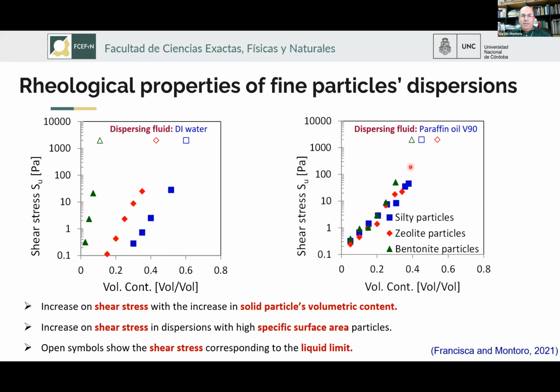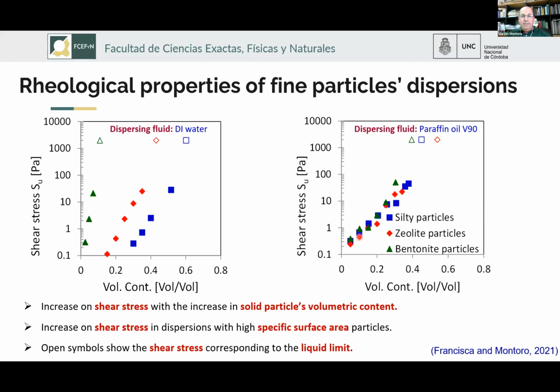But when we perform the same test using NAPLs as suspending fluids, we found figures similar to the one shown here on the right. This figure shows the results obtained using paraffin oil as a suspending fluid, and in this case, shear stress again increases with the particle volume content, but the results obtained for the different types of particles plot in a very narrow, very straight area.